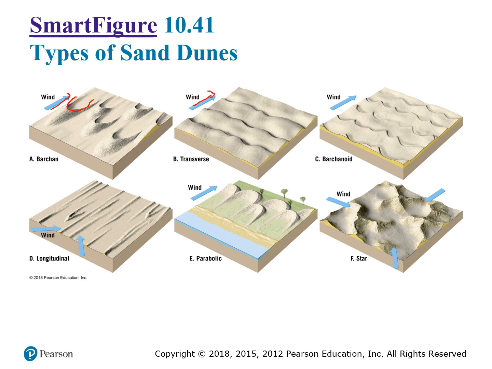So here you'd have the common transverse-type dunes. Barchanoid dunes are kind of an intermediate between barchan and transverse dunes. So you can start to see that maybe they're forming that crescent shape. It's a mix between these two.